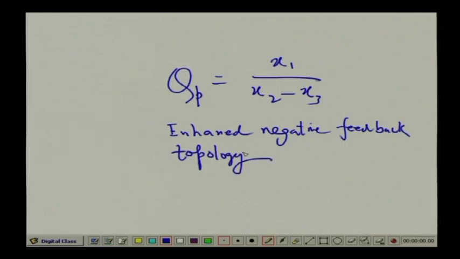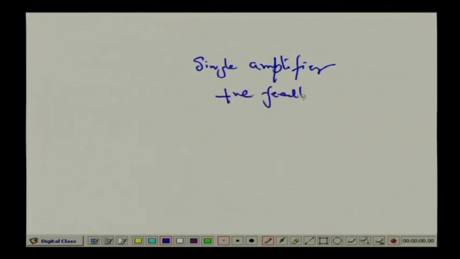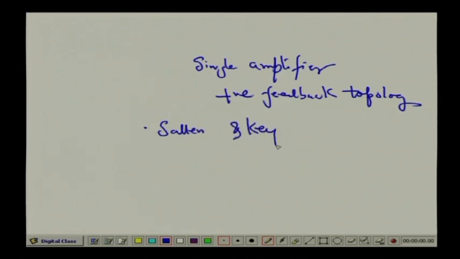Right. Now, you see that in all the previous cases, whatever we have so far discussed, that means the single amplifier positive feedback topology, the Sallen-Key circuit, low pass, high pass, band pass, is not it?